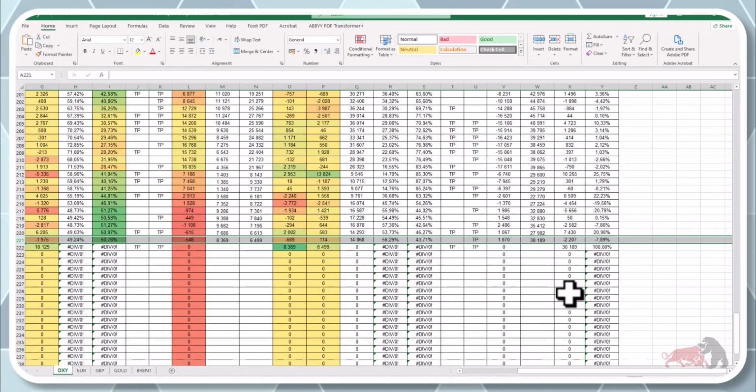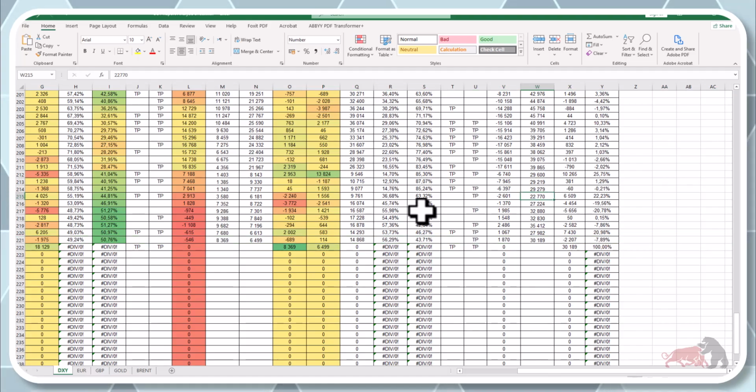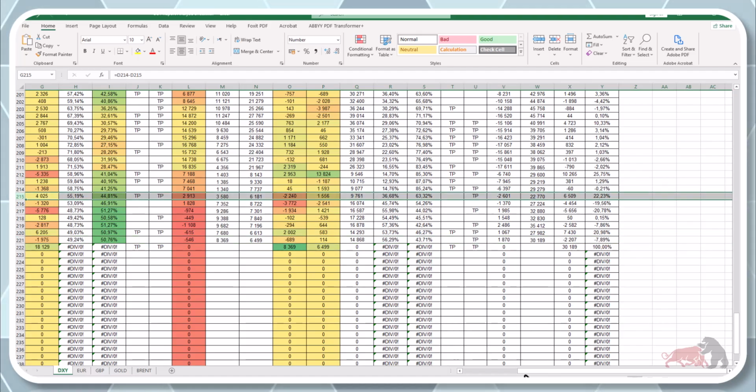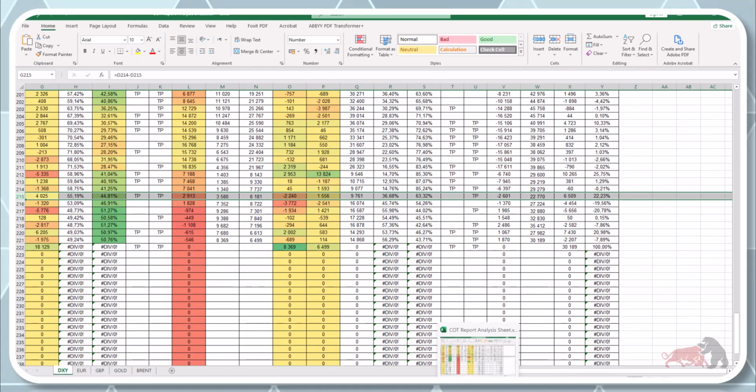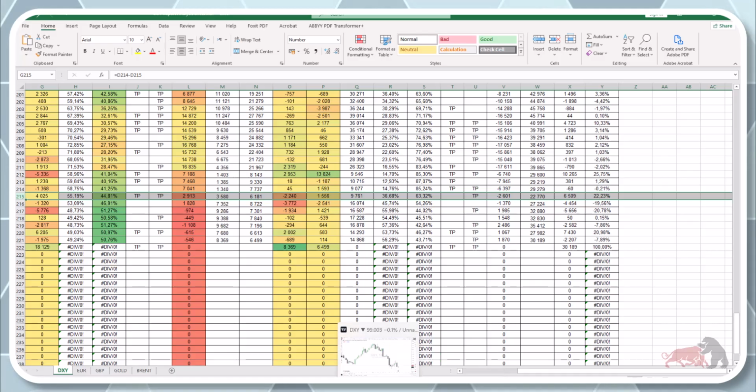Now I'm going to go to the COT report. The period I'm talking about is, I think, the week of the 8th of April, if I'm not mistaken. That's where we had open interest dropping a bit, from 29 to 22,000, and then we had another drop right here.